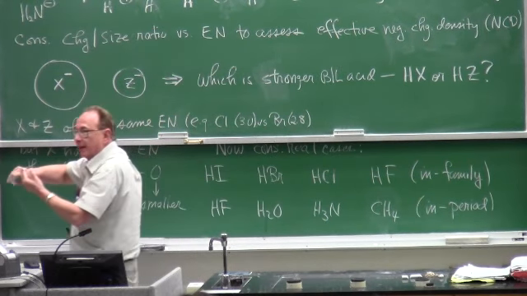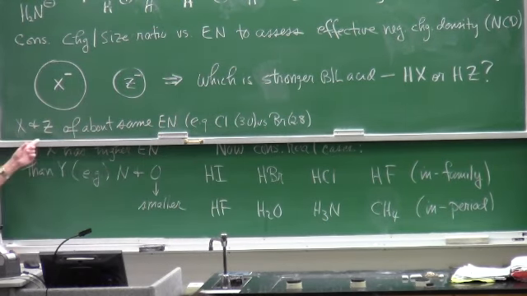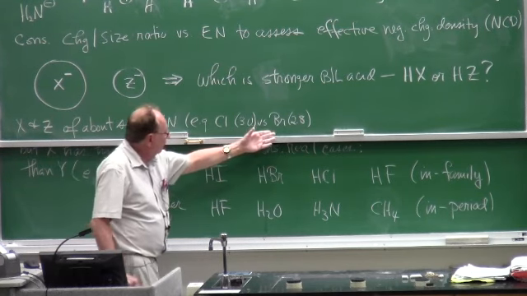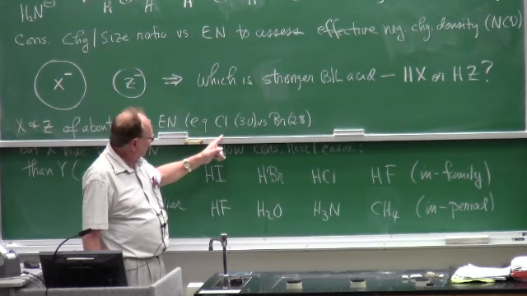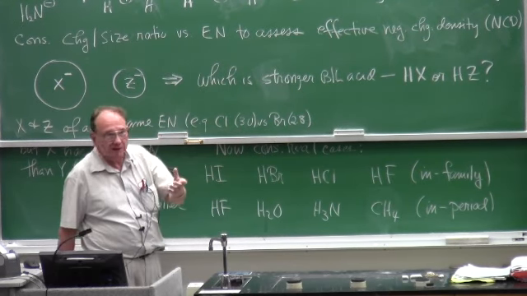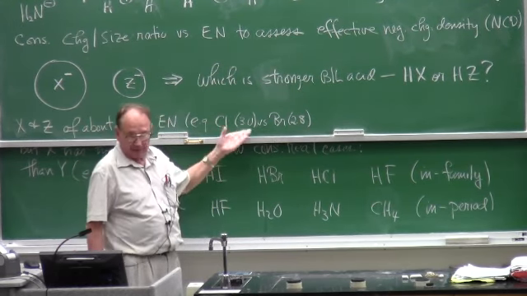Consider two hypothetical atoms, X and Z. Let's imagine these atoms are about the same in electronegativity. Practical example, real example, chlorine and bromine. Chlorine has an electronegativity of 3.0, 3.1 on some scales, bromine 2.8.